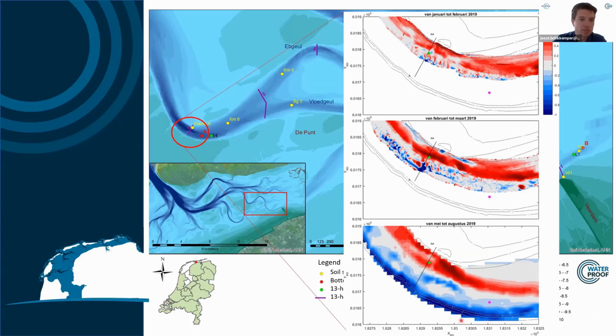And what you actually see is that this meander band is migrating southward, and therefore there is deposition in the inner band and erosion in the outer band. So this illustrates how dynamic the navigational channel is, and how difficult it is to keep a good navigational channel for the ferry.